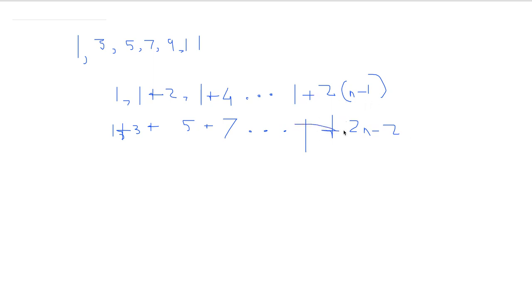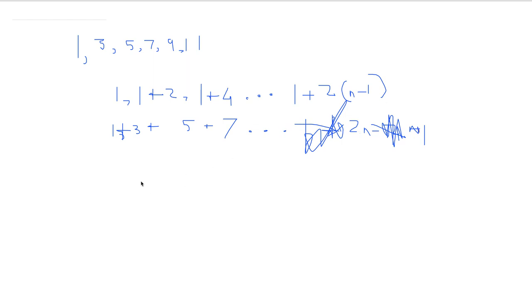So 1 minus 2 is minus 1. So we get 2n minus 1. So 2n minus 1 is the nth odd number.